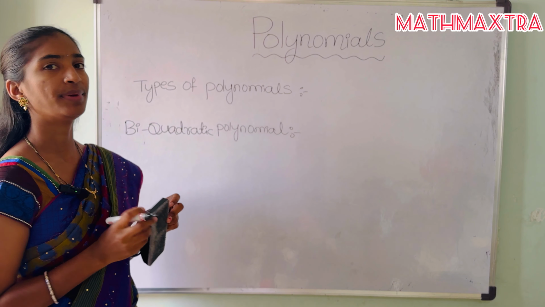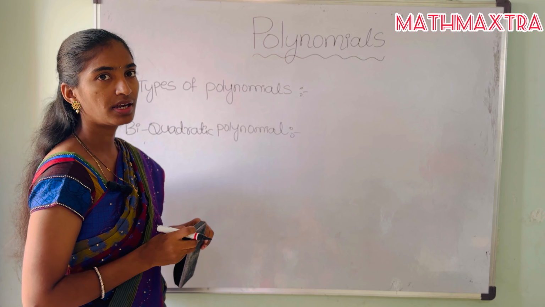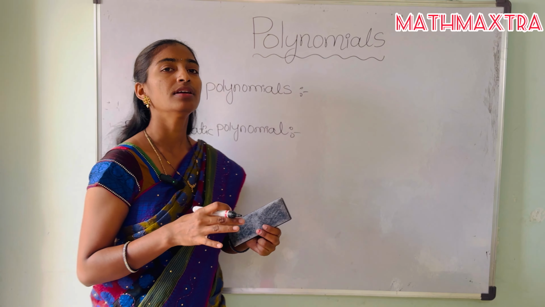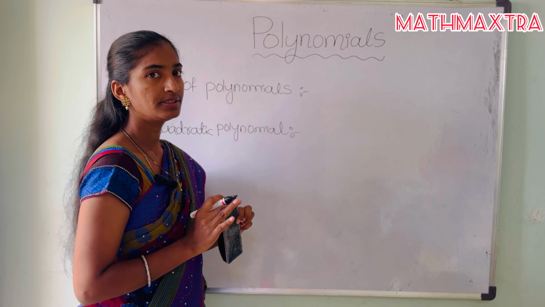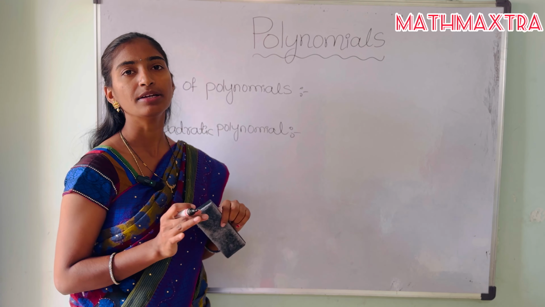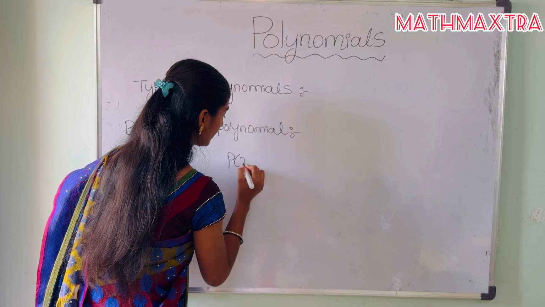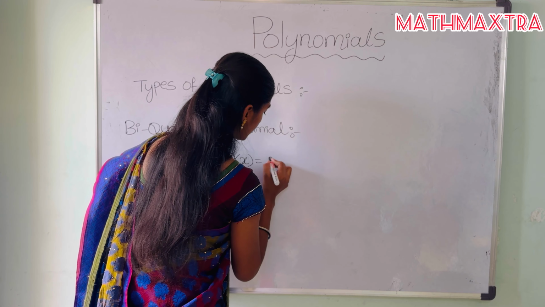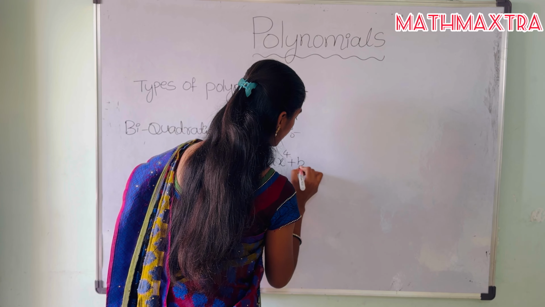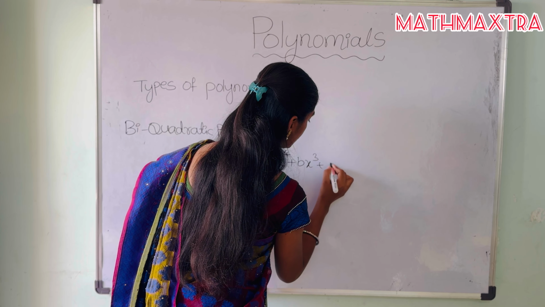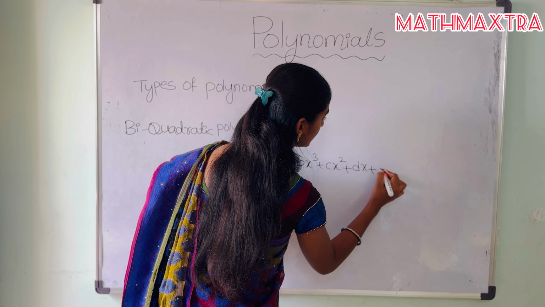The last type is biquadratic polynomial. What is a biquadratic polynomial? A polynomial which has degree equal to 4 is called a biquadratic polynomial. So the general form of a biquadratic polynomial is p of x is equal to ax to the power of 4 plus bx cube plus cx square plus dx plus e.